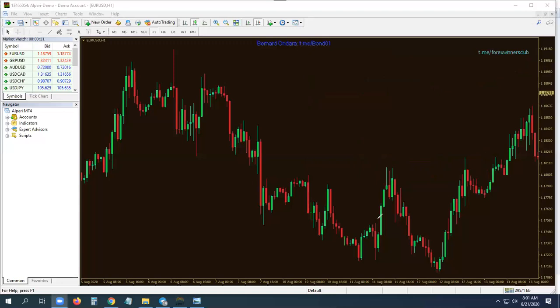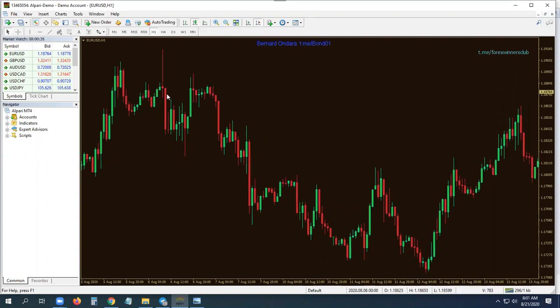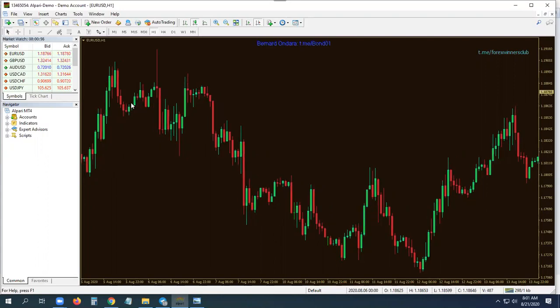Okay, so move the chart if you want with your mouse. You can move the chart or you can draw something on the chart now. I'm saying just draw something. I want to see what you're talking about.